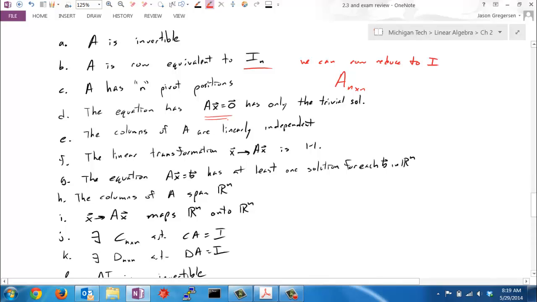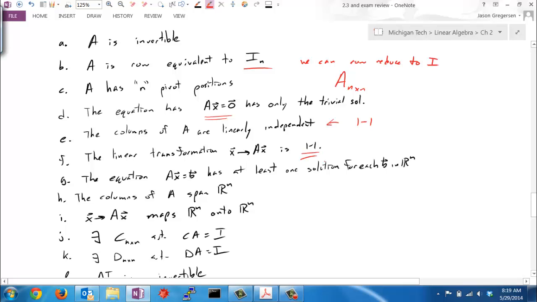The columns of A are linearly independent. That's just a fancy way of saying it's 1 to 1. The linear transformation is 1 to 1. Well, that one's really just a statement of being 1 to 1.